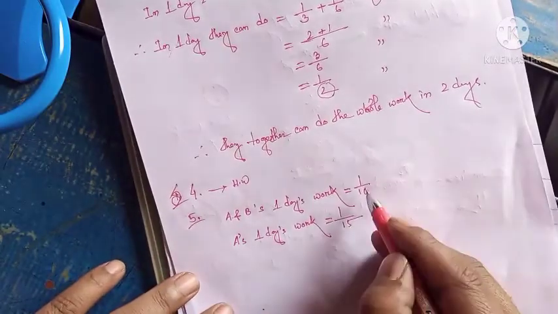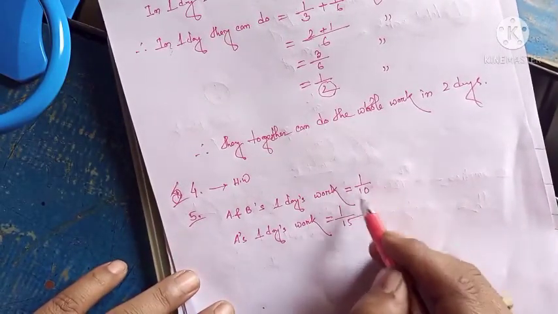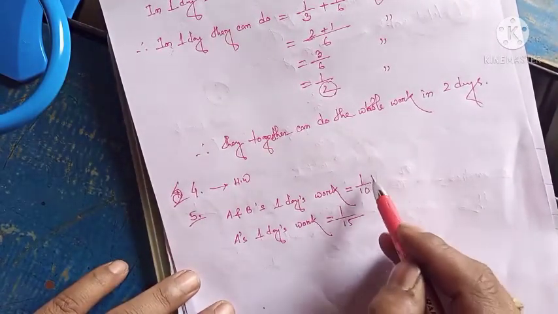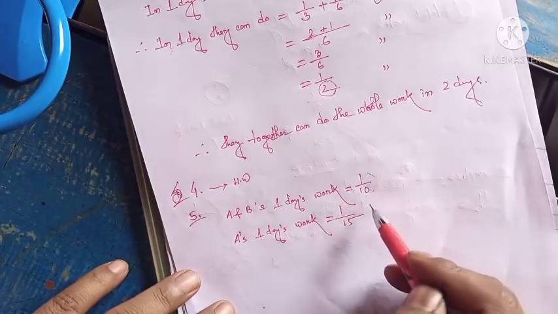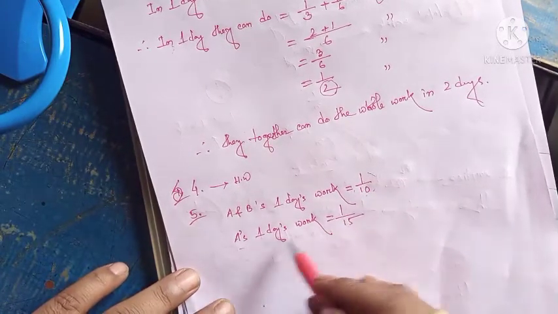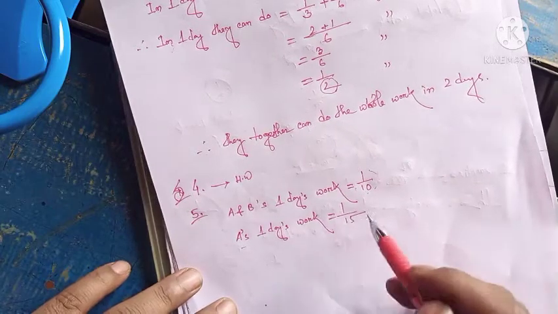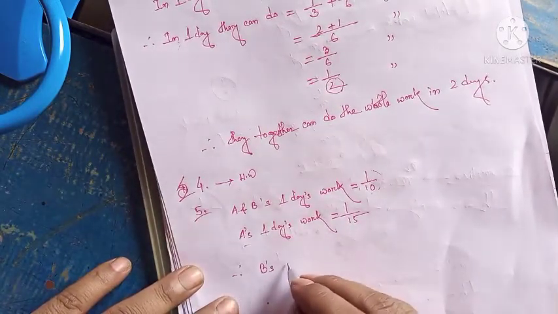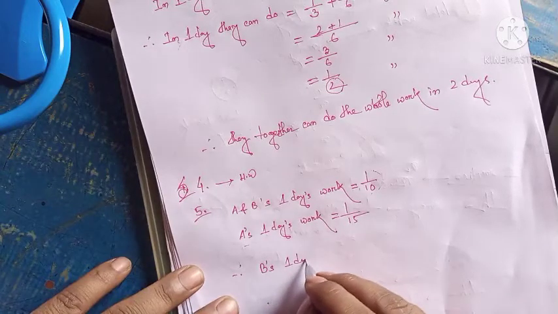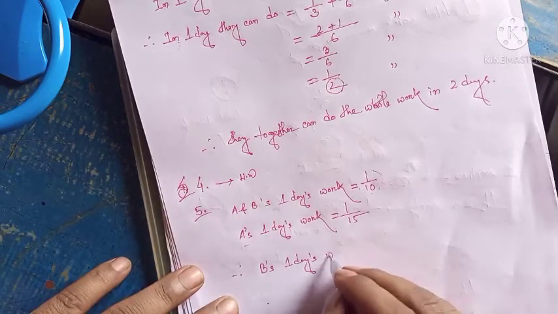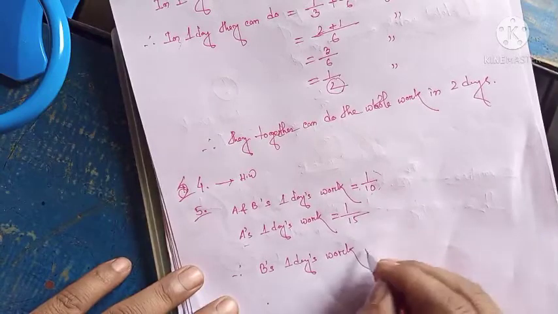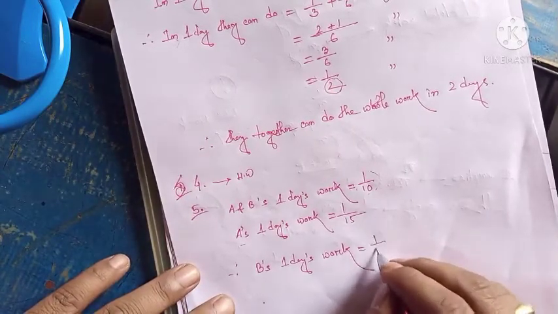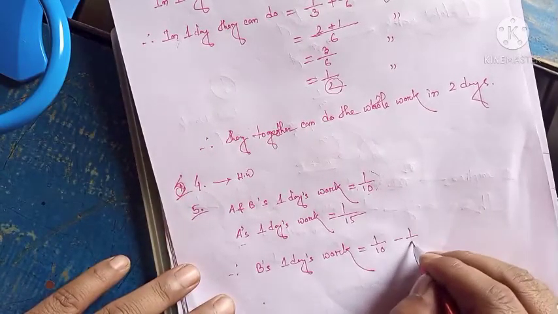So if they together do in 1 day 1 by 10, and A alone does 1 by 15, therefore B's 1 day's work is 1 by 10 minus 1 by 15. Understood?